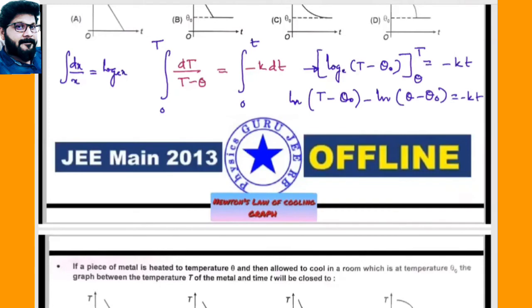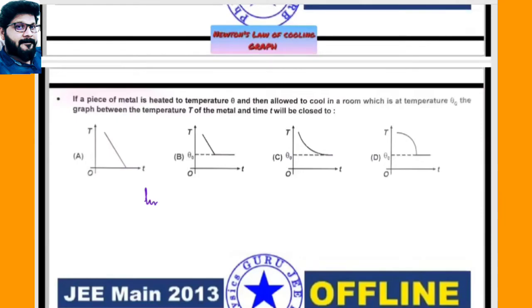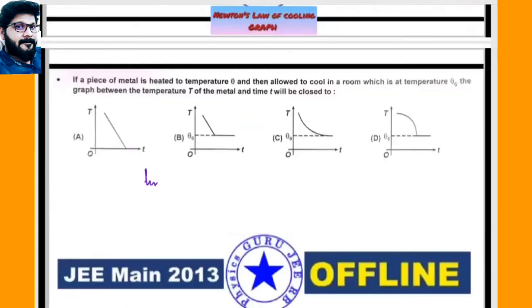So log m minus log n can be written as log m by n, right? In the same manner I am going to write: ln of T minus theta naught divided by theta minus theta naught equals minus k into t.